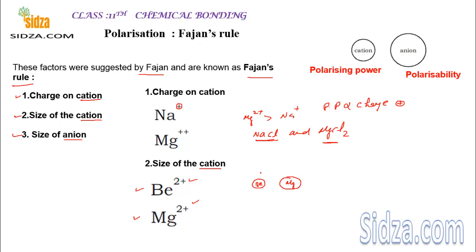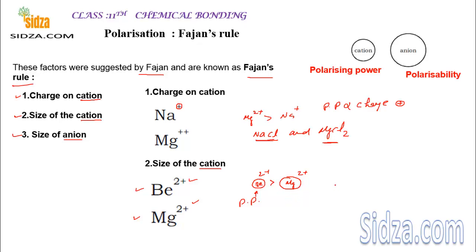The charge is the same, 2 plus, 2 plus, but because of the small size of the beryllium, the charge density on it will be more, and that means it can pull the electrons of anions very strongly. So the polarizing power of beryllium is more than magnesium 2 plus.